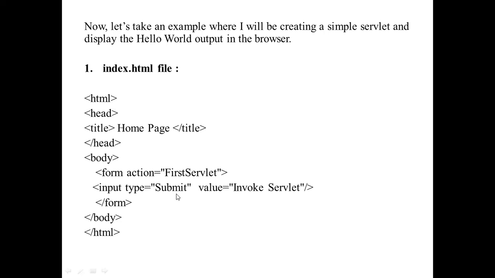The type is nothing but the input of the program. Here we use submit. Submit type appears as a button, and value is invoke servlet. So invoke servlet is displayed on the button. Then close the form tag, close the body tag, and close the html tag. This is the HTML file, and this .html file is saved in your created folder, that is sample servlet.